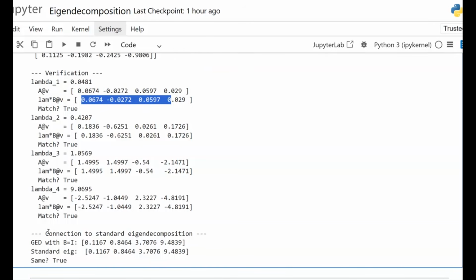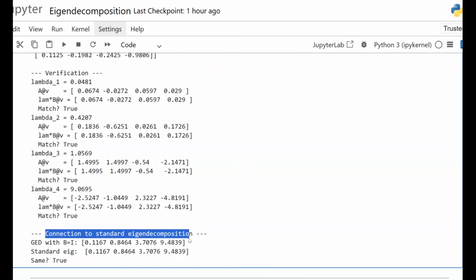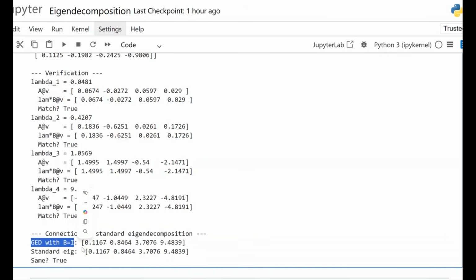And when we go towards the connection to standardized eigendecomposition, kindly just observe, dear friends, when B is equal to identity, the GED with this functionality also gives the exact same values. So both are the same, and it confirms the generalized solver matches standard eigendecomposition.